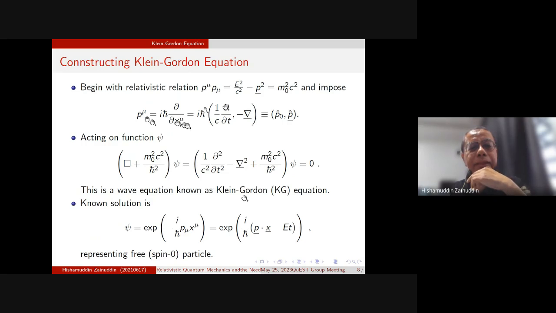Essentially we'll be able to take care of the negative iħ d/dx that you have seen in quantum mechanics.